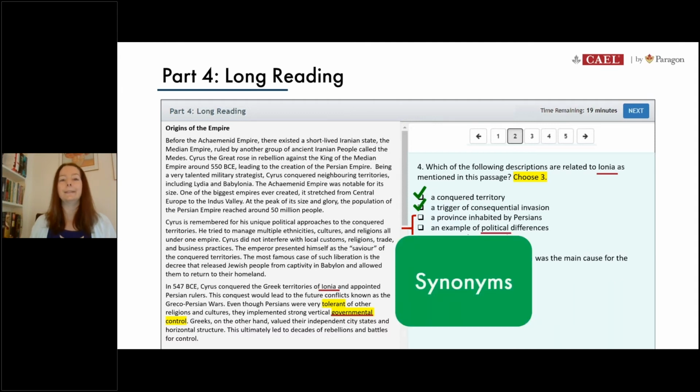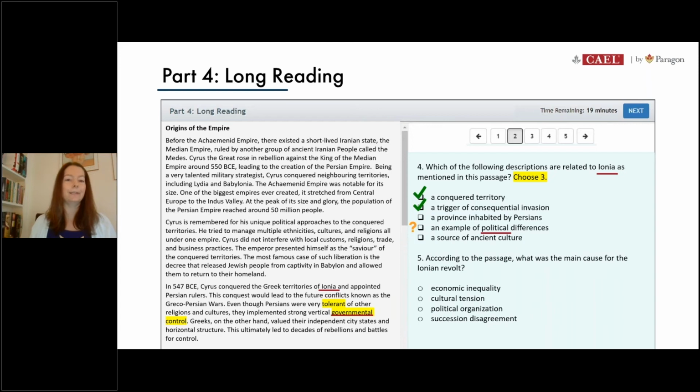These 2 words are synonyms again. So again, I'm pretty certain this is going to be my 3rd answer choice for this question, but I'd best double check it before I click that on the test. So returning back to the text, I know I have to find an example of a political difference. That's the focus of this answer choice.